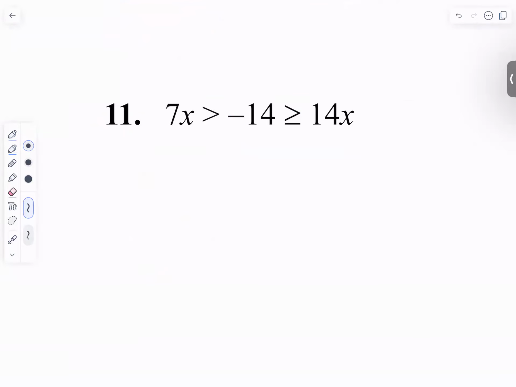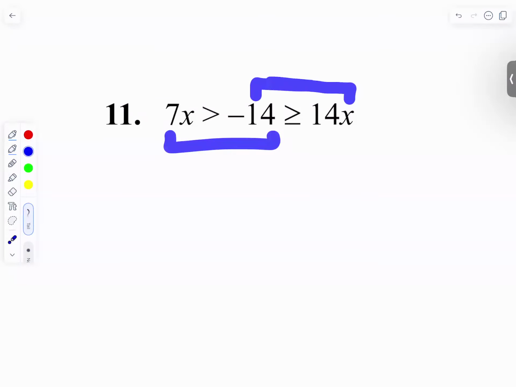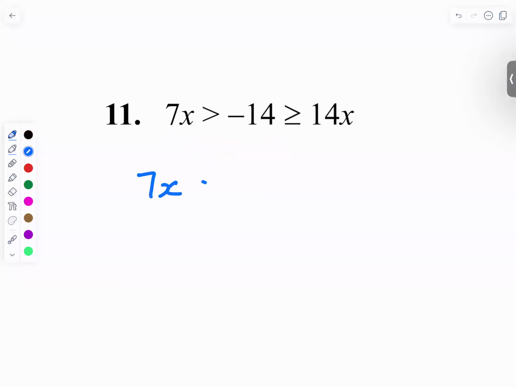You have one equation here and one equation on the other side. So write them separately.